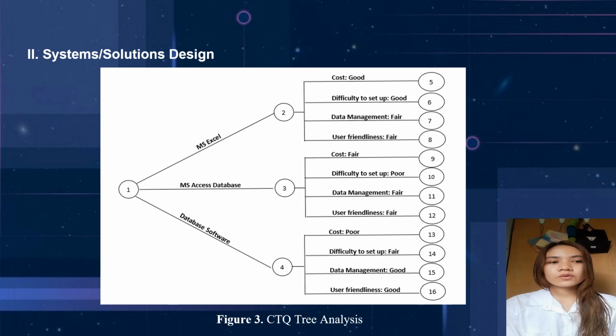Figure 1 shows the CTQ analysis, or Critical to Quality Tree, which is a tool used in industrial engineering that helps the user or customer understand what factors are necessary to accomplish a particular goal. The three software system alternatives, which are Microsoft Excel, Microsoft Access Database, and Database Software, are what the case study claims are driving the demand to modernize the purchasing system.